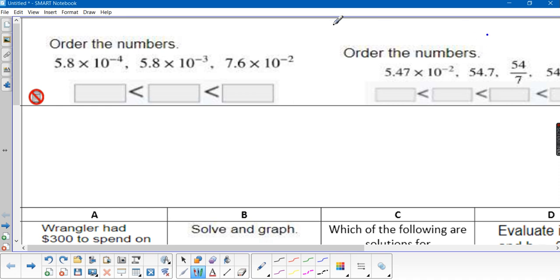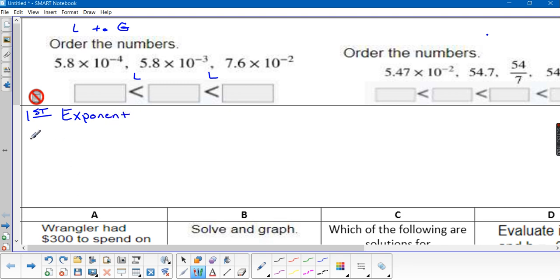Let's go with this first one. I want to make this kind of short. It talks about ordering numbers in scientific notation. If you look at the symbols in the boxes where they want us to put the numbers, these are less than symbols. So we know that this is going to be least to greatest once we get them ordered. When we're comparing scientific notation, the first thing that we want to look at is the exponent.